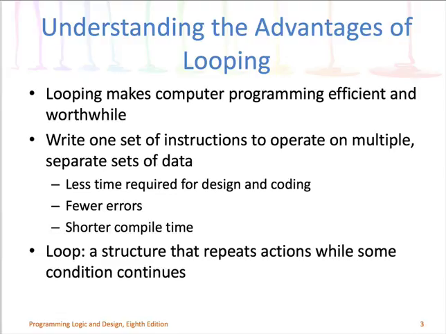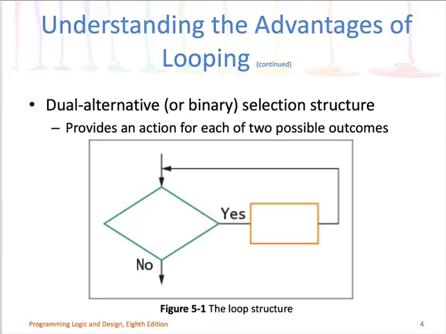So basically, a loop is a structure that's going to repeat a block of code, what they're calling actions, over and over again while some condition continues to be true. When that condition becomes false, the loop will terminate. This is the loop structure. You have a question that's asked.